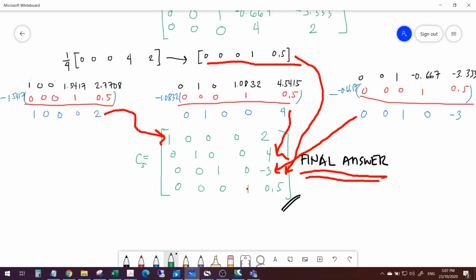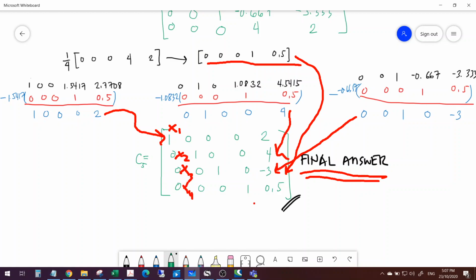As you notice, remember, the first row is x1, the second row is x2, then x3, x4.